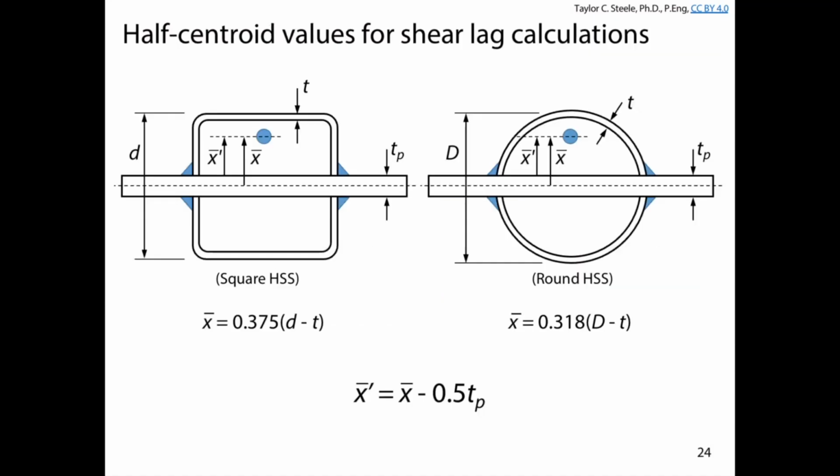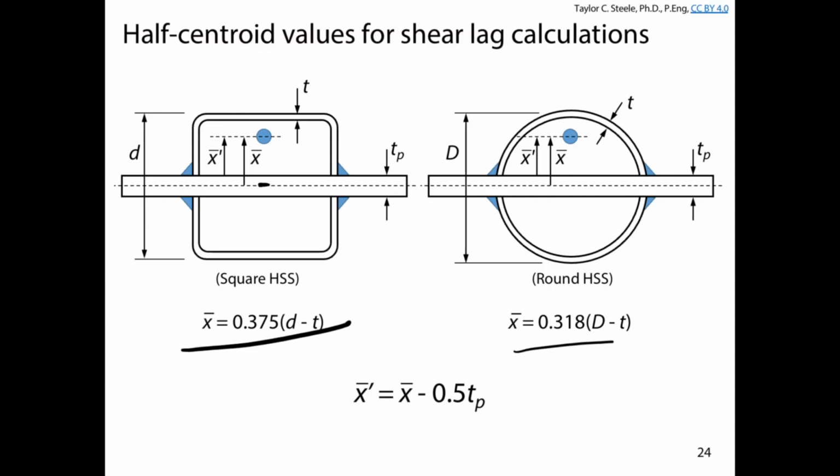So calculating the centroid of those half shapes might seem frustrating. You could do it, it's time consuming if you do it yourself, but I've gone ahead and done that for you already. So if you have a square HSS section, the distance to X bar from the center of the cross section to the half centroid is 0.375 d minus t.